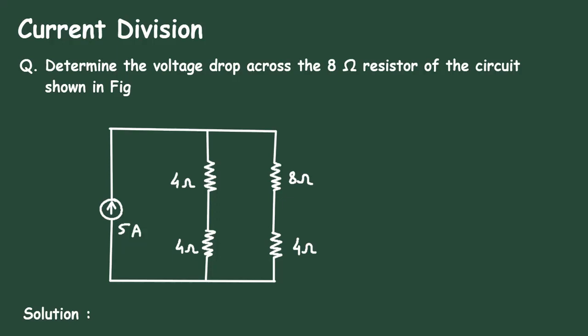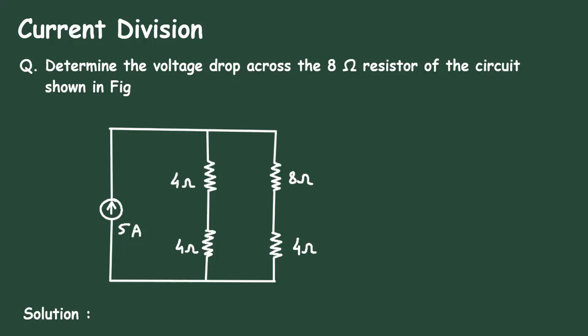So 8 ohm divided by 8 ohm plus 8 plus 4, so this will be 12 ohm. So if we solve this, we get I1 is equal to 5 multiplied by 8 divided by 8 plus 12. So it is 2 ampere. So this current is 2 ampere.